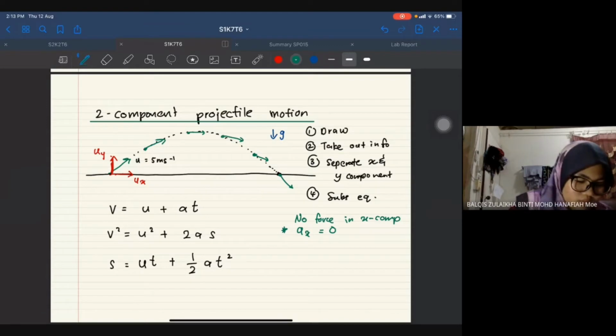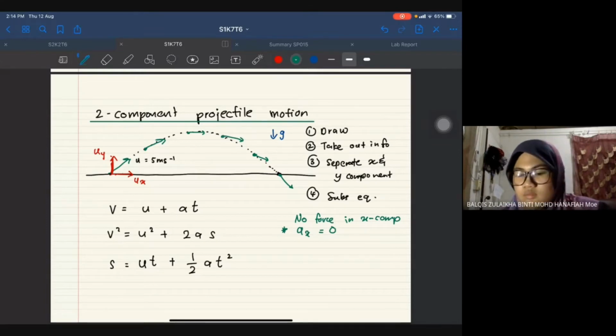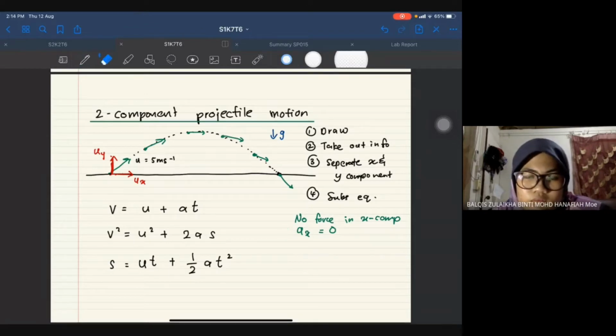When there's no force acting in the X direction, Ax is equal to 0. When Ax equals 0, what happens to my velocity? So Vx is equal to? Constant, yes, constant with the original. The original is Ux, so it is Ux.